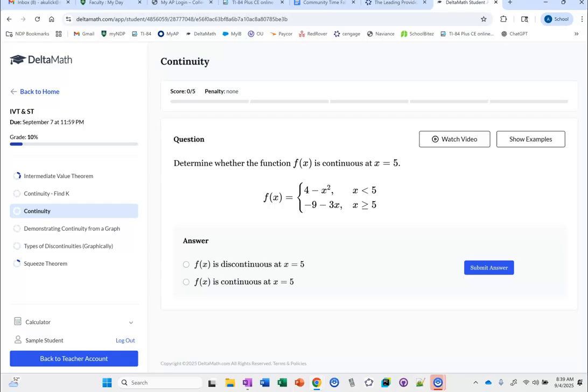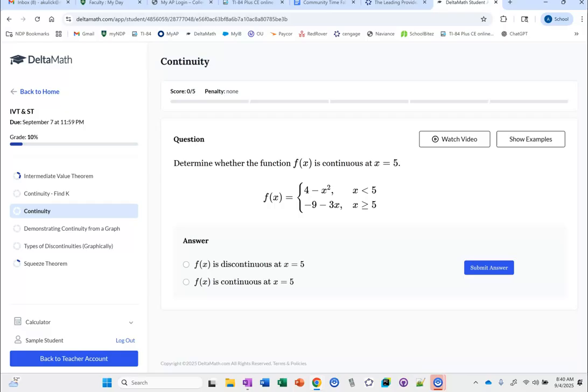This kind of practice should look familiar, right? What does this look like? The homework quiz we just did, right? So to check if a piecewise function is continuous at a point, you need to look at left-hand limit equal to right-hand limit equal to the function being evaluated there. Everybody okay?